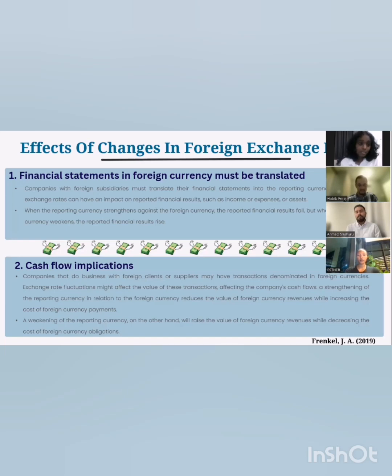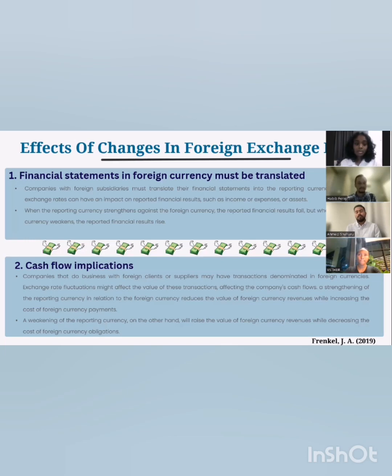The second effect would be cash flow implications, whereby companies that do business with foreign clients or suppliers may have transactions denominated in foreign currency. Exchange rate fluctuations might affect the value of these transactions, affecting the company's cash flow.